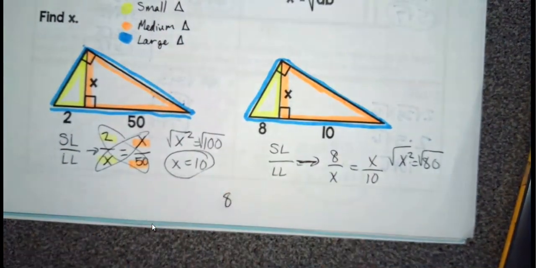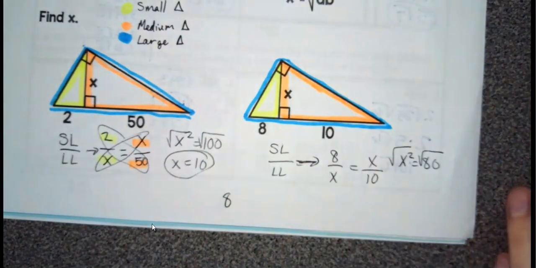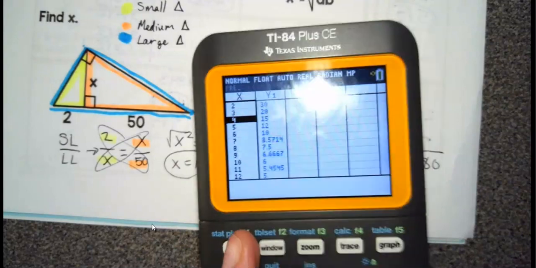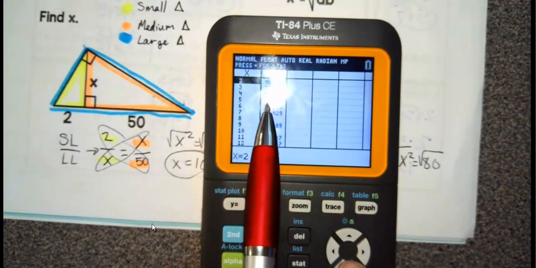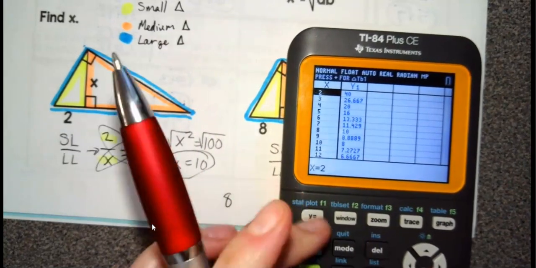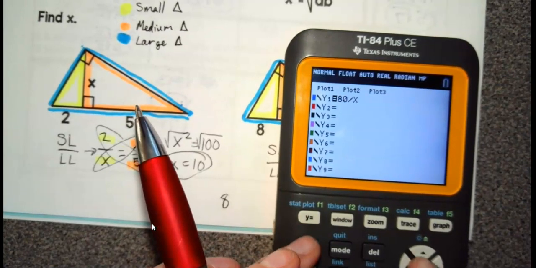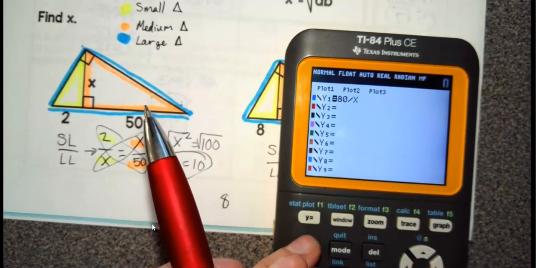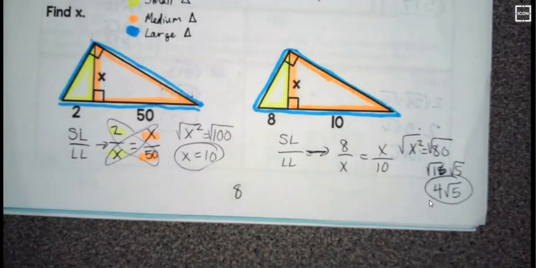Then you take the square root of both sides. 80 is one of those that you have to figure out. The nice thing about 80 is that it pops up right there. Just look. 2.